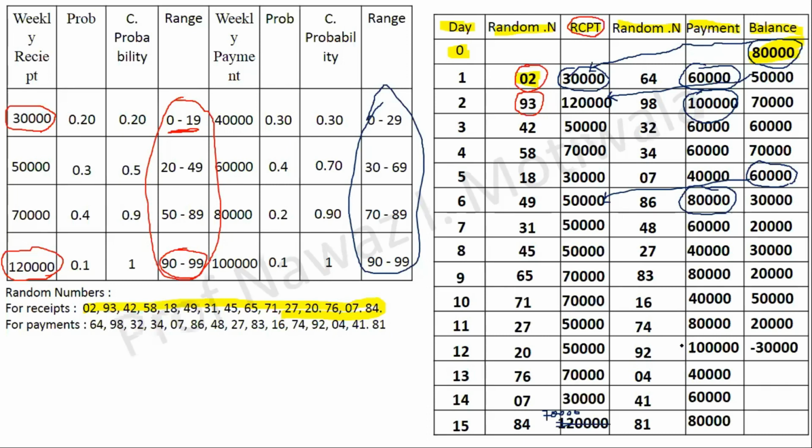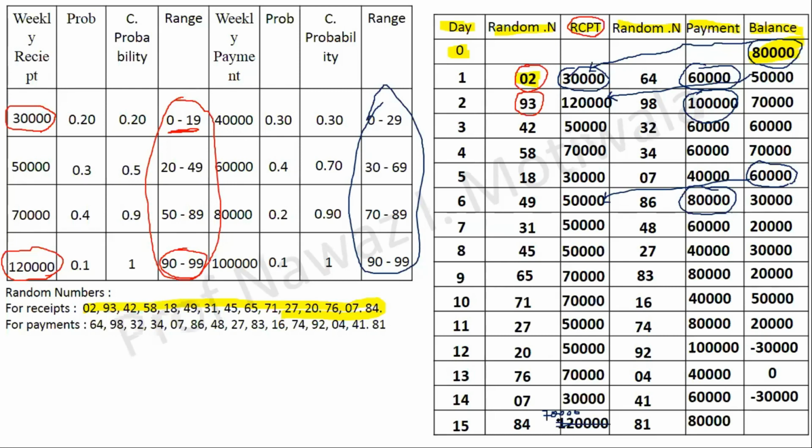Yes, perfect. Sir, how will this one come to zero? Yes, sir, zero will come. Minus 30 plus 70 gives me 40. 40 minus 40 gives me 0. Sir, minus 30. 0 plus 30 minus 60. Yes, minus 30. Minus 40.